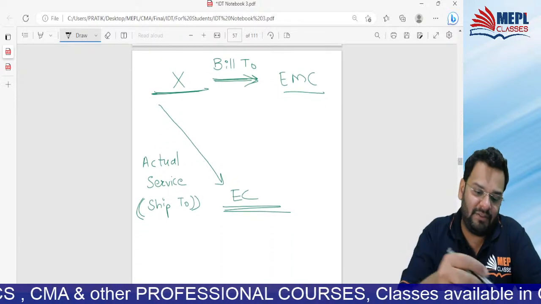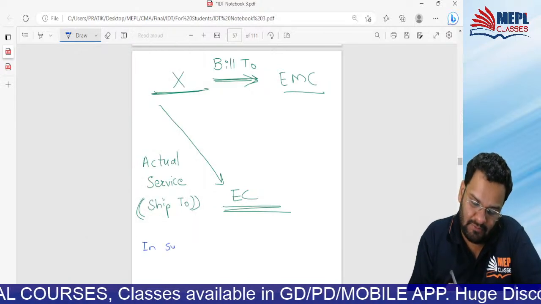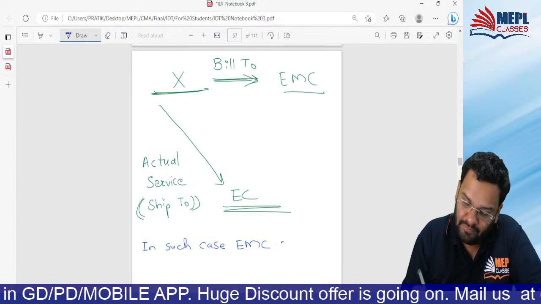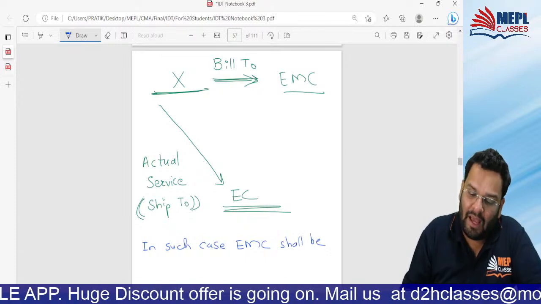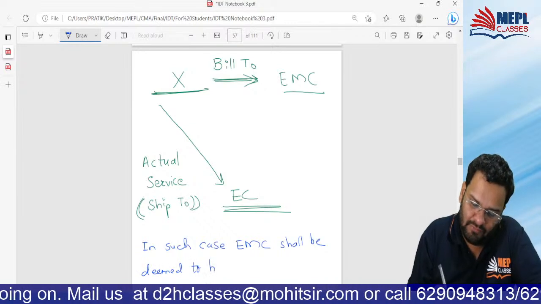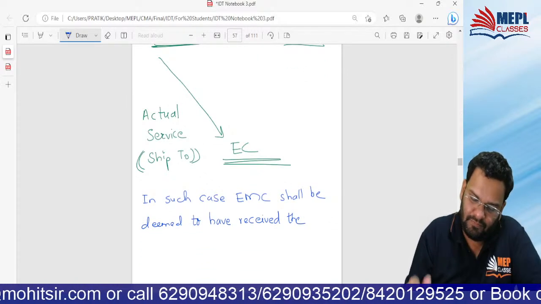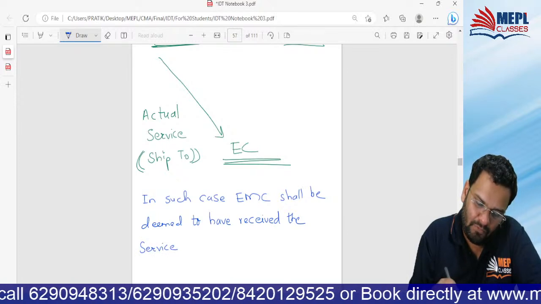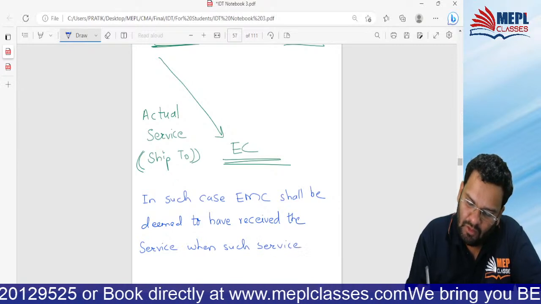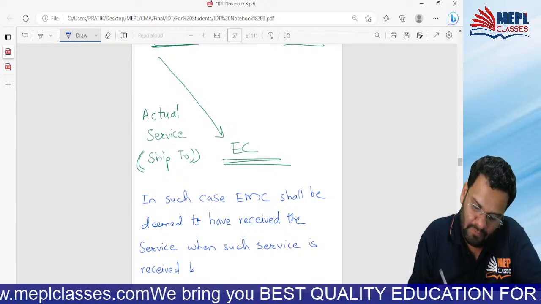So in this case, who will be able to claim ITC? In such a case, the EMC, the event management company, shall be deemed to have received the service when such service is received by the end customer.